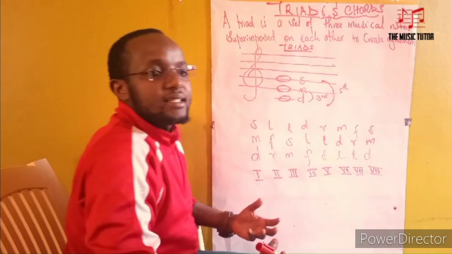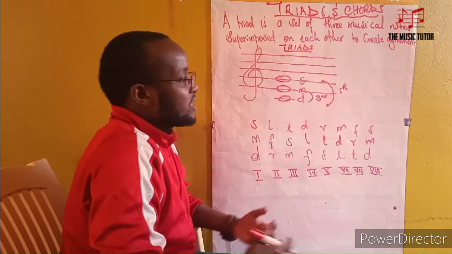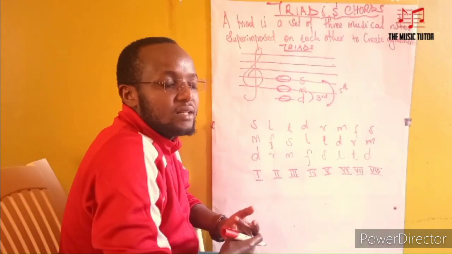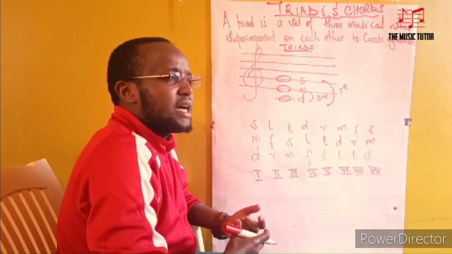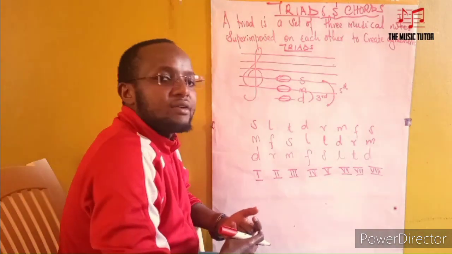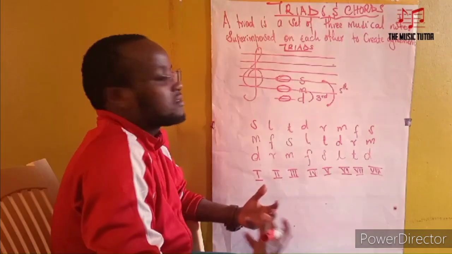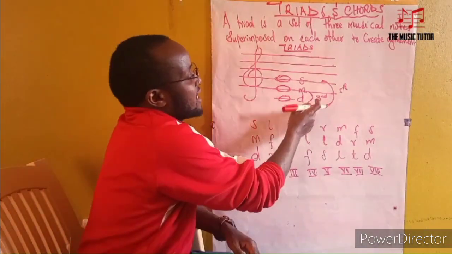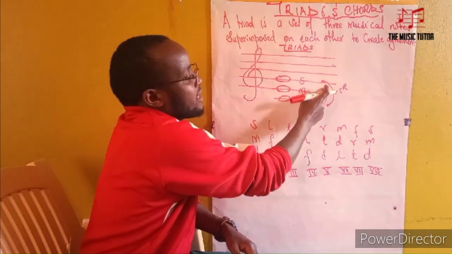As we shall be learning, we shall know what kind of a third. It could be a minor third or a major third, depending on the key. It could be a diminished fifth or a major fifth. It could be different from one key to the other. This is a major third. This is an augmented fifth.